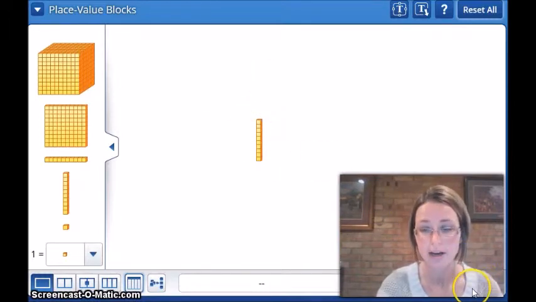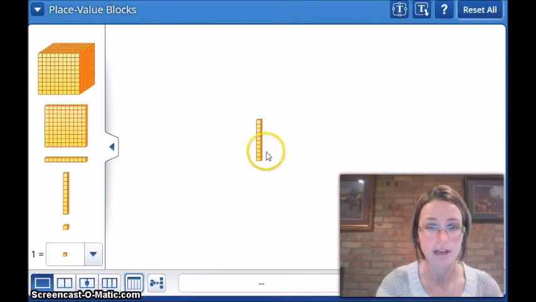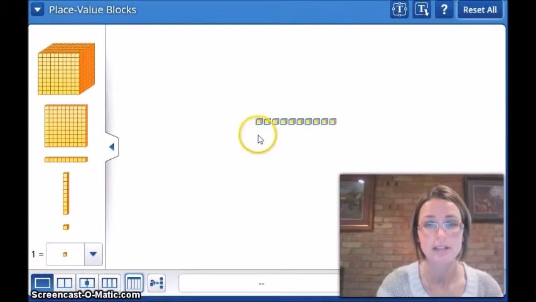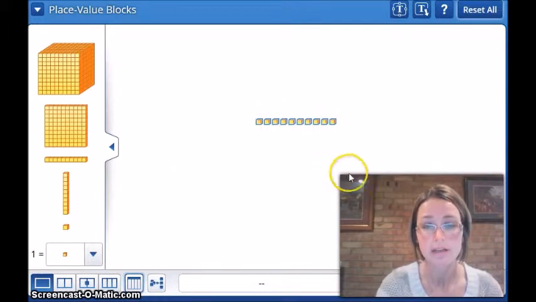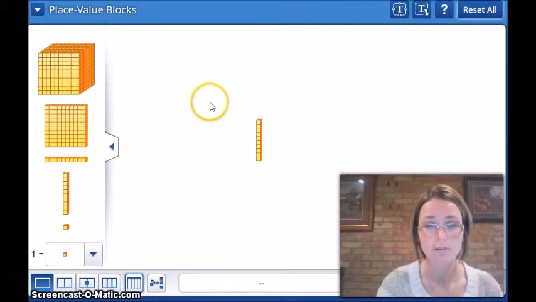Because if we take our hammer, which again is located underneath my picture, click on the hammer and then click on the 10 stick, you see it breaks it apart for you. Now let's count. There are 1, 2, 3, 4, 5, 6, 7, 8, 9, 10. There are 10 units in one 10 stick. And then if we take our glue, we can glue it right back together.